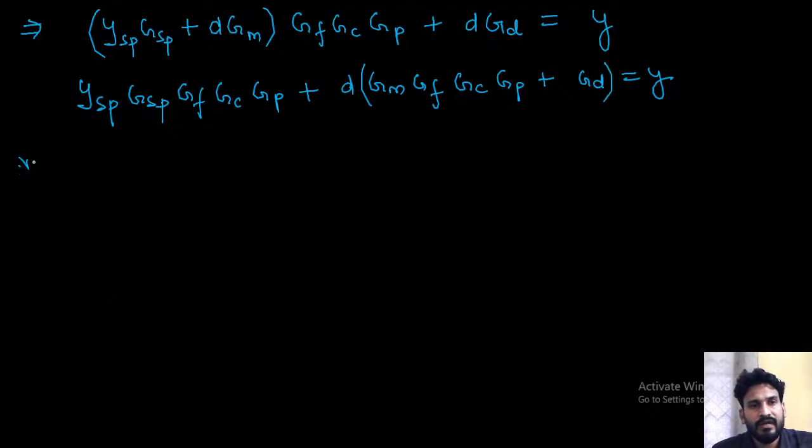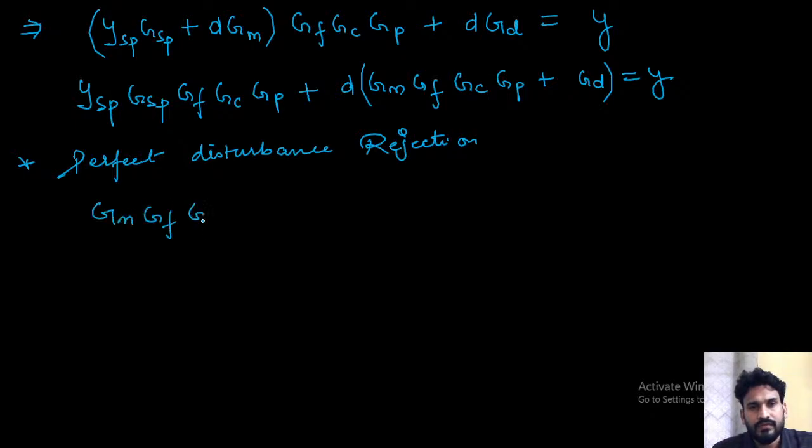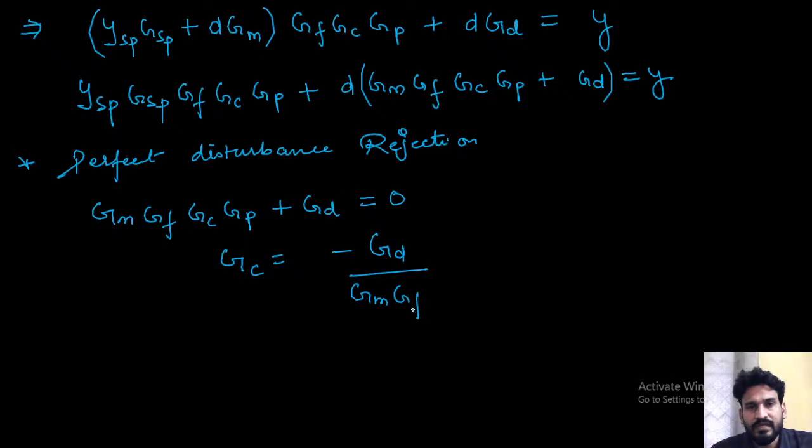And for perfect disturbance rejection, this coefficient, GM, GF, GC, GP plus GD, is equal to 0. What we have to calculate, guys? We have to calculate the controller transfer function now. So in that case, my GC is equal to minus GD divided by GM, GF and GP.